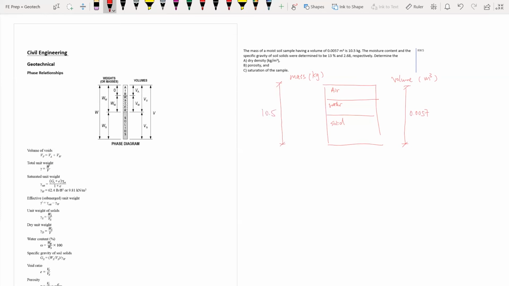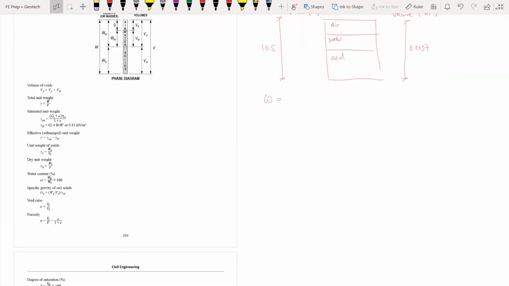The moisture content is given, so water content here, and we can check our FE manual again. It is equal to the weight of water divided by the weight of solid, and this is equal to 13%.